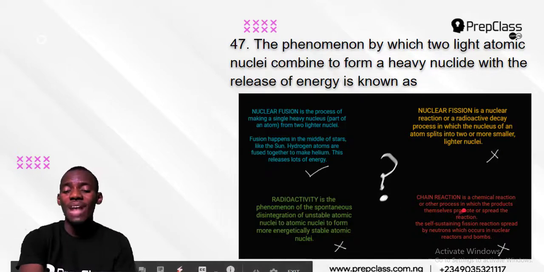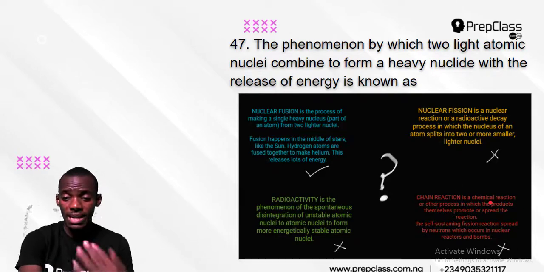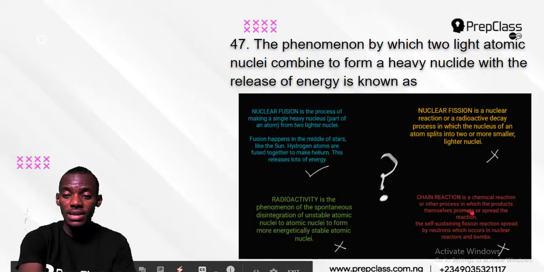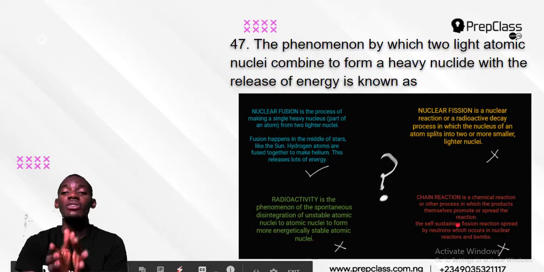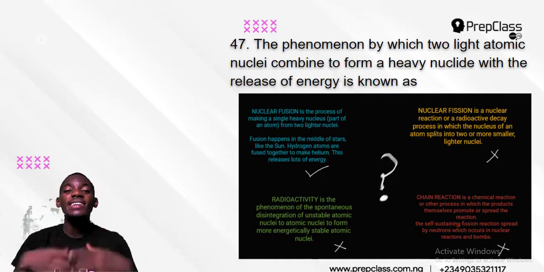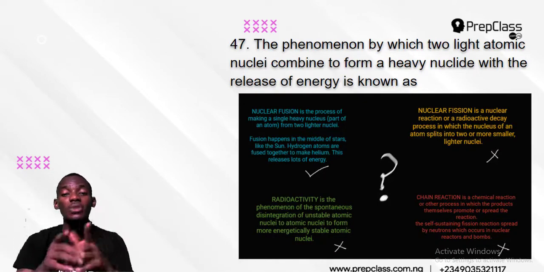Then chain reaction is actually under nuclear fission. It's a part of nuclear fission. You know, it's a chemical reaction or other process in which the products themselves promote or spread the reaction. Now chain reaction happens under nuclear fission. When things disintegrate or break down, that's nuclear fission.